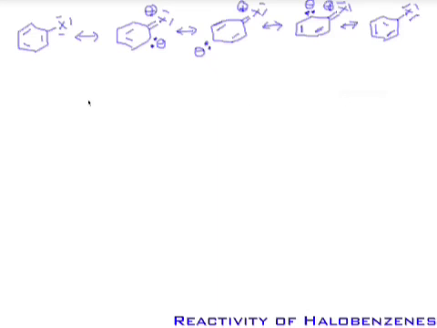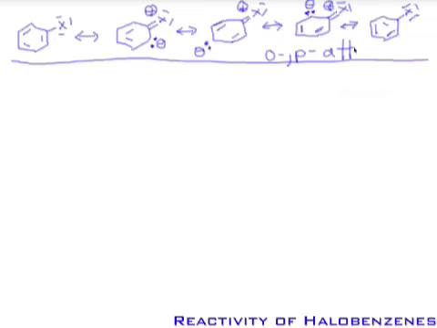And so for reactivity, while we can use this resonance structure to explain ortho para attack, we do not use it for the halogens to explain activity, but rather we draw this.